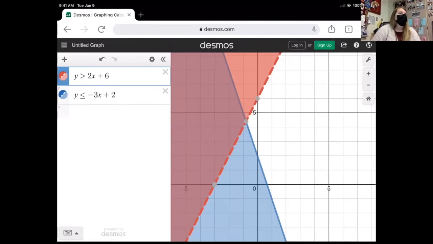Does anybody have any questions about this graph before we look at a second graph? Okay, so now I'm going to show you a graph, and I want you to try and come up with the inequalities that make that graph. I'm going to hide my inequality symbols.